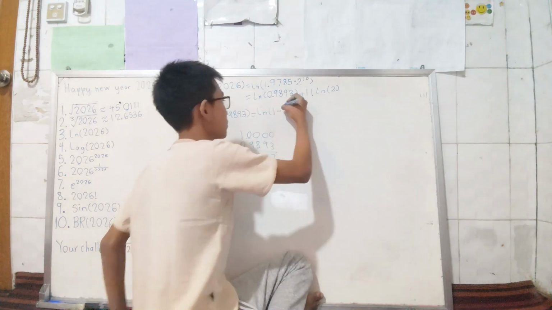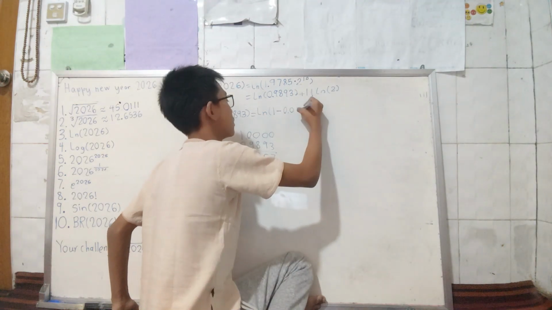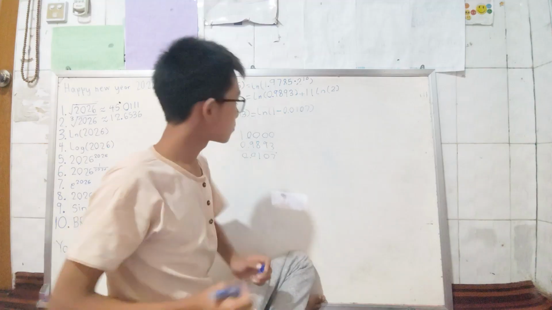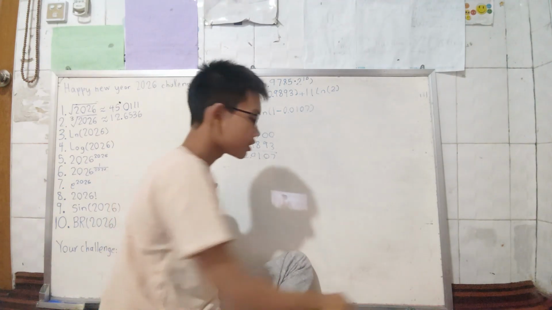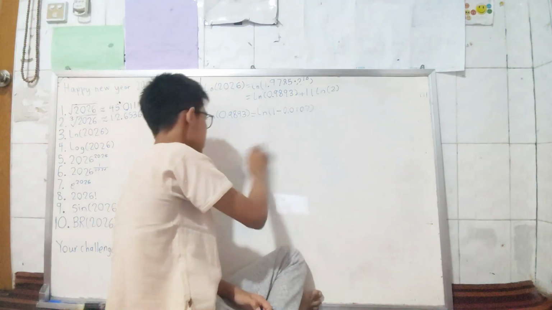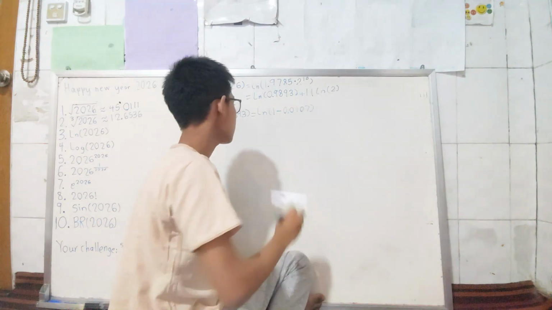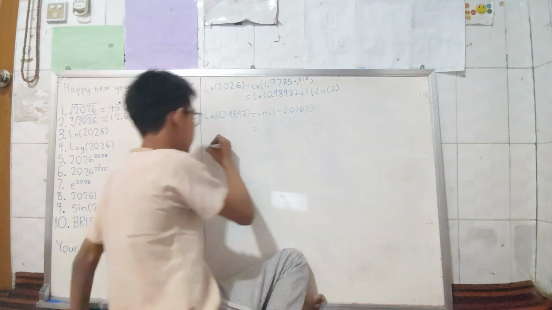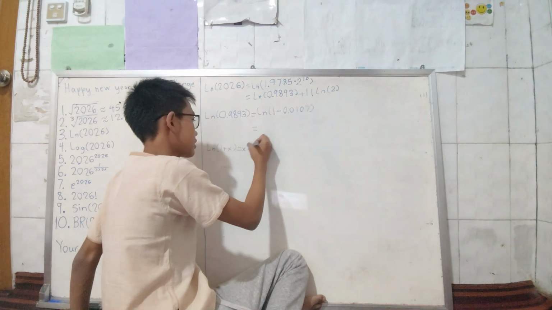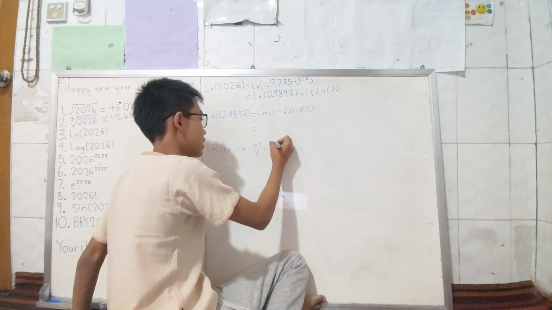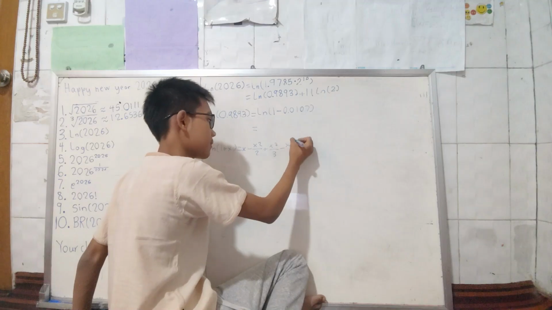That's going to be 0.0107. And then this is something called the Taylor series, which says that for natural log of 1 plus x, that's going to be x minus x squared over 2, x cubed over 3 minus x to the 4 over 4.